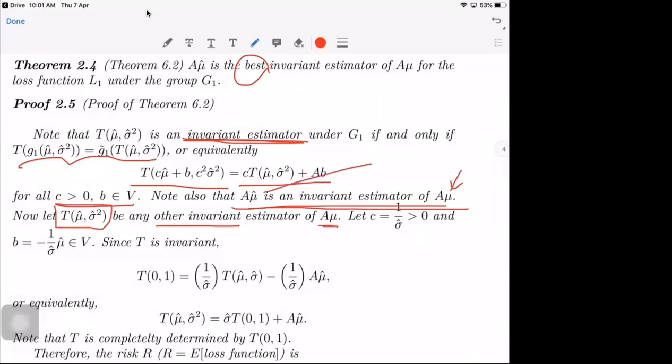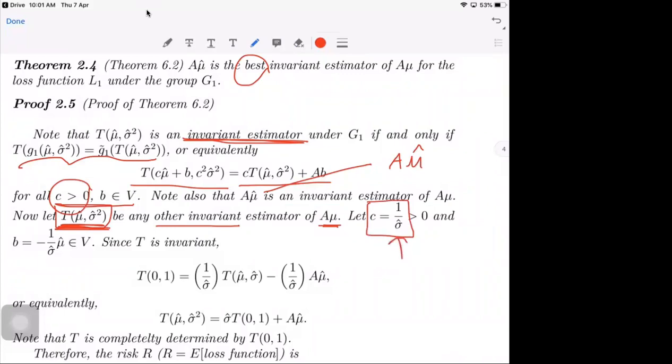Okay, so your competitor is the invariant A mu hat. You choose another invariant estimator of A mu. Let us call it T of mu hat sigma hat square. And then you set C greater than 0, say let it be equal to 1 over sigma squared.